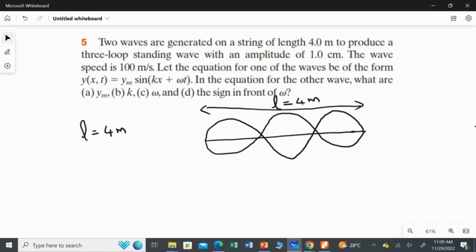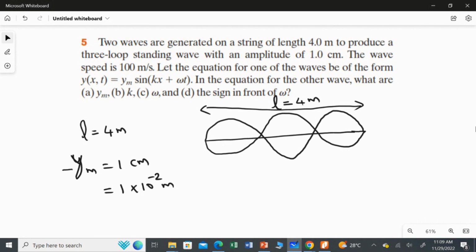And its amplitude is given. So you have to read very carefully. This amplitude is the combination of two waves. So here they mention the amplitude Ym, which is equal to 1 centimeter. You have to convert this into meter, which is 1 multiplied by 10 power minus 2 meter.